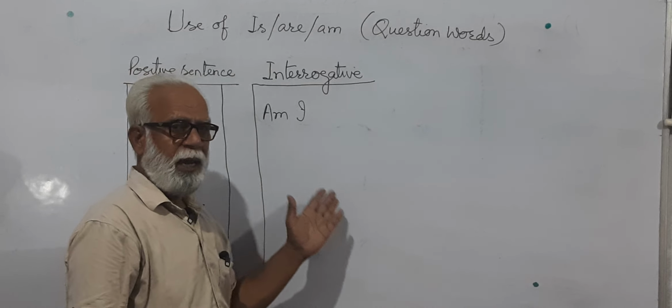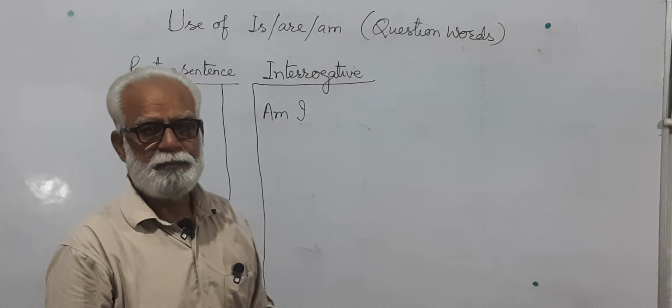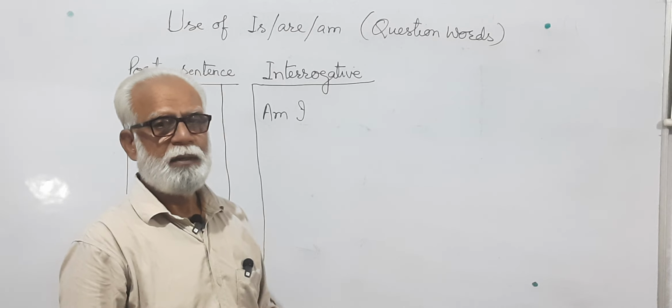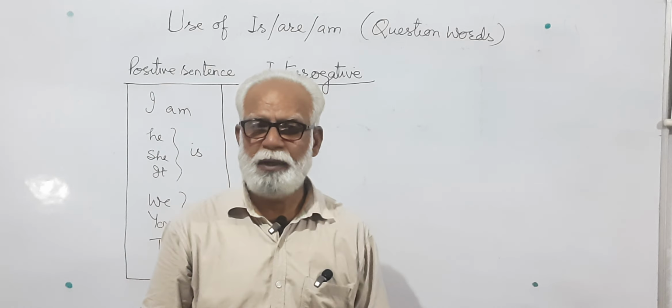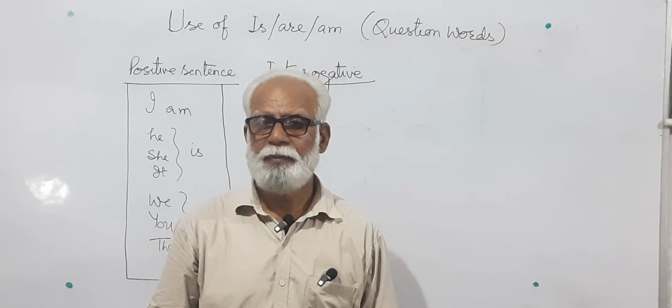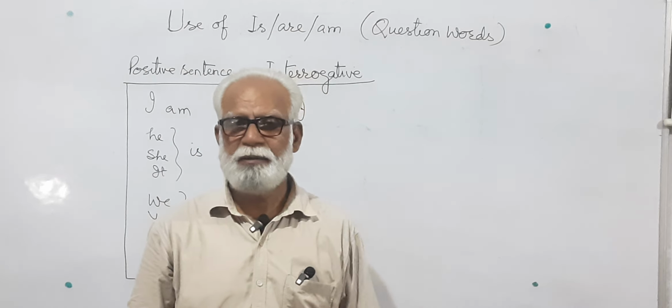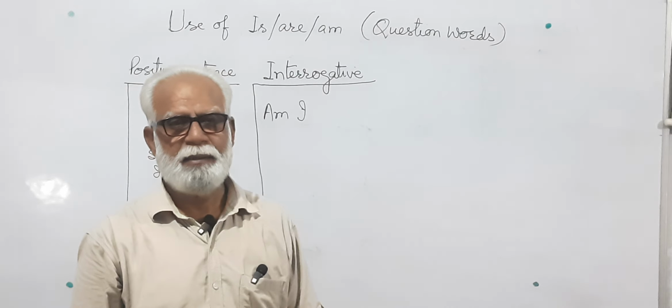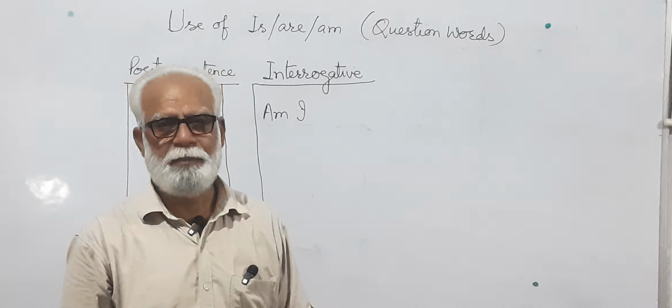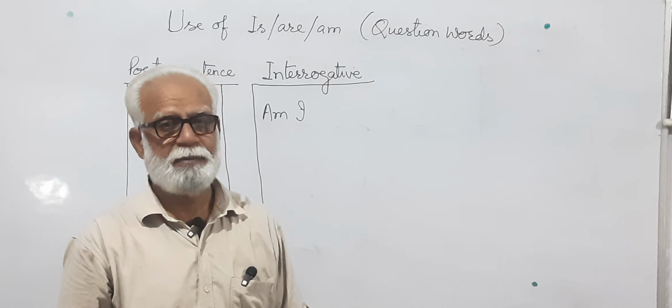If we speak am before I, it becomes a question. If we speak I am, subject first, that is I, auxiliary later, that is am, this is a simple sentence.